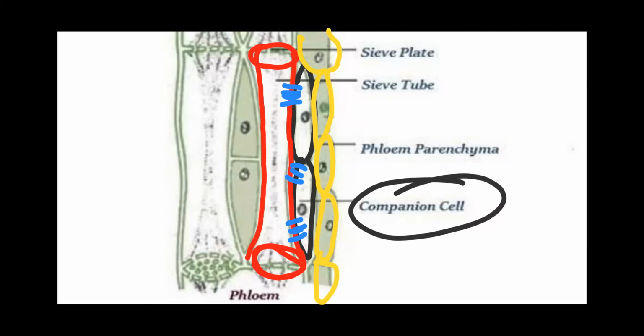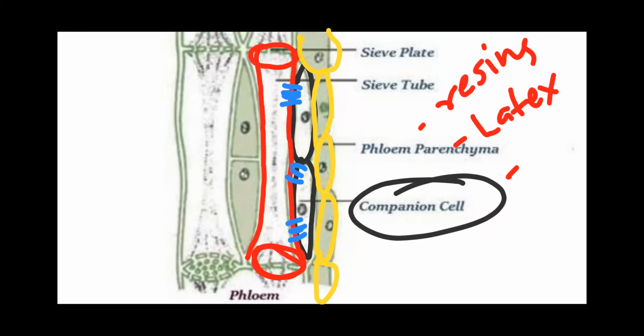Here the materials getting stored in phloem parenchyma are different. They are mainly resins, latex material, even mucilage.